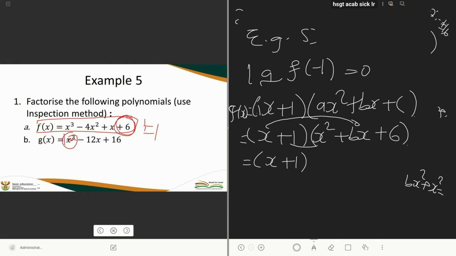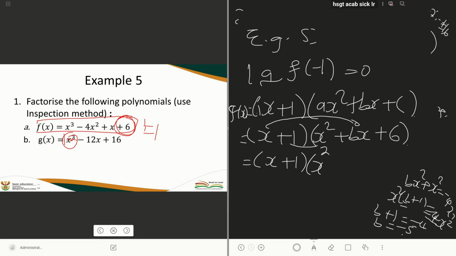Then you equate it to the like term from the original function. They are equal to negative 4x squared. Now, common factor is x squared into b plus 1 is equal to negative 4x squared. Now, you just equate the bases. b plus 1 is equal to negative 4. Let's write negative 4 here. Therefore, b will be negative 5.